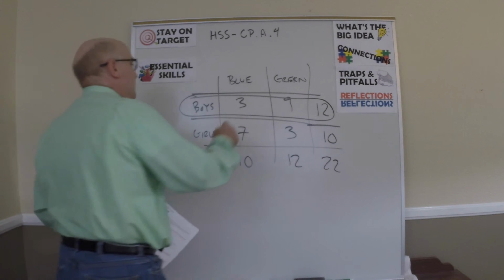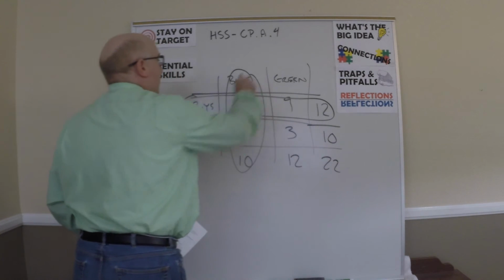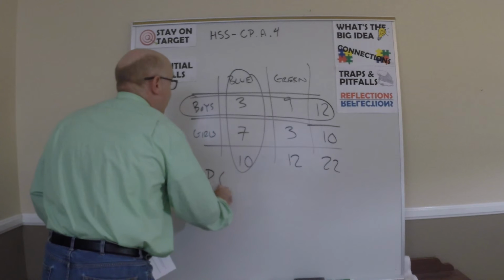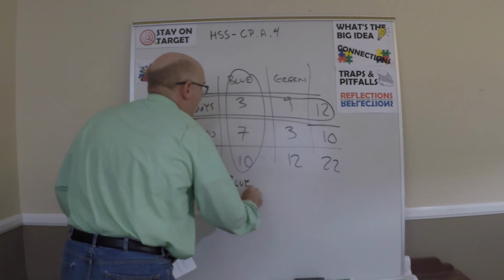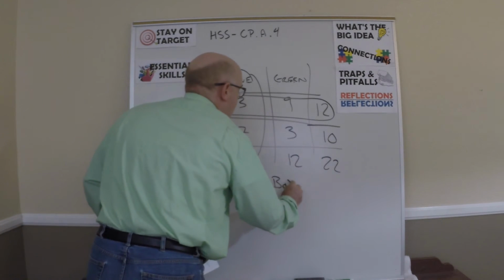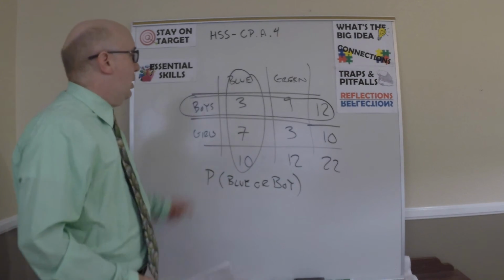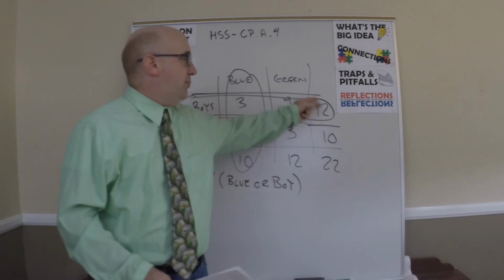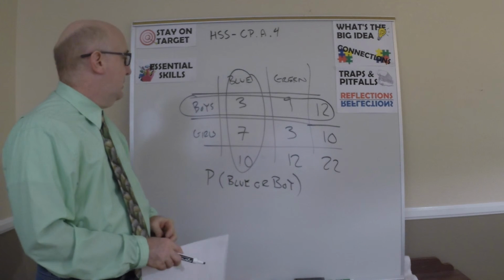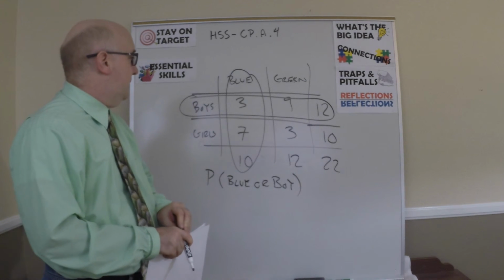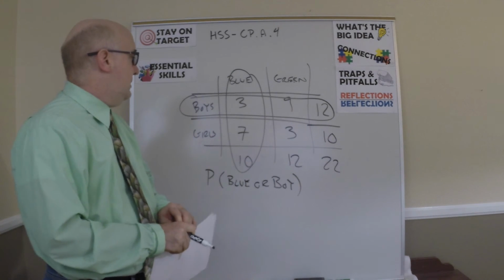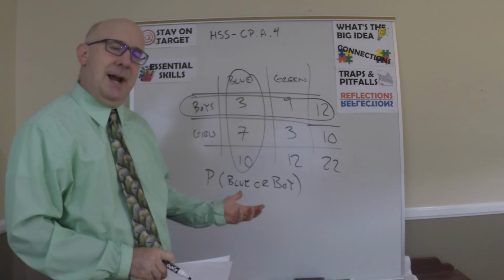The typical trap is the or statement. What's the probability of blue or a boy? And what happens here is they say, oh, probability of blue is 10. Probability of boy is 12. 22 out of 22, and you're like, just like I did, I went, huh?